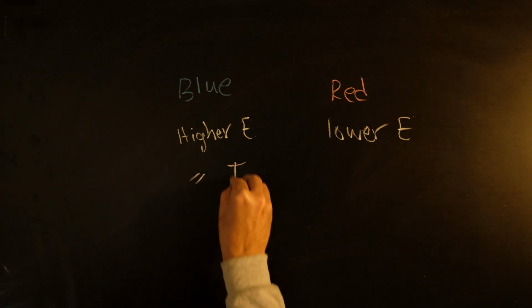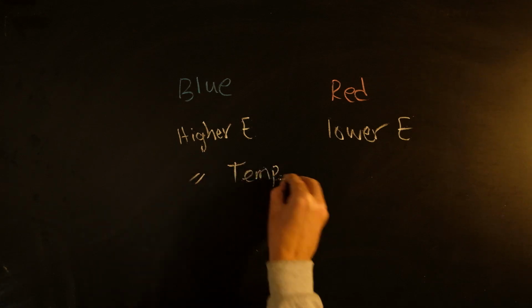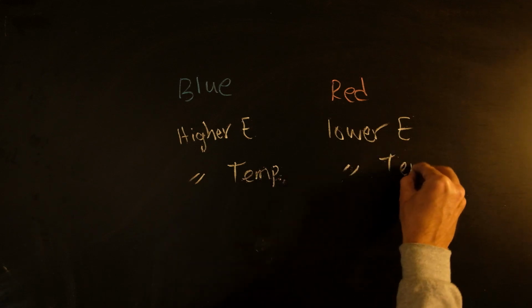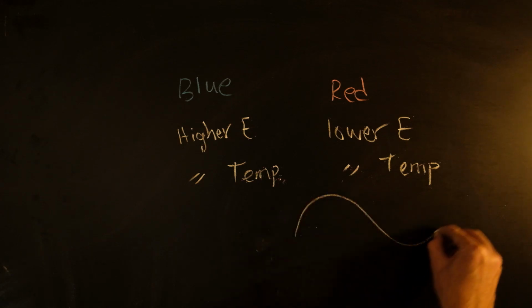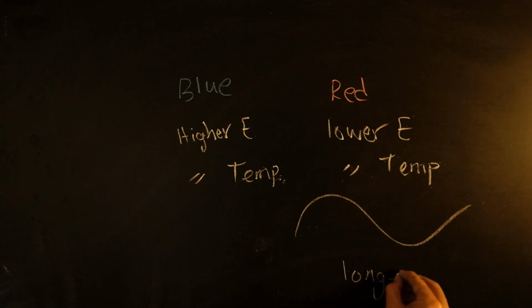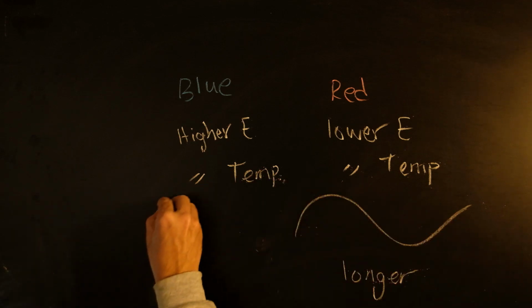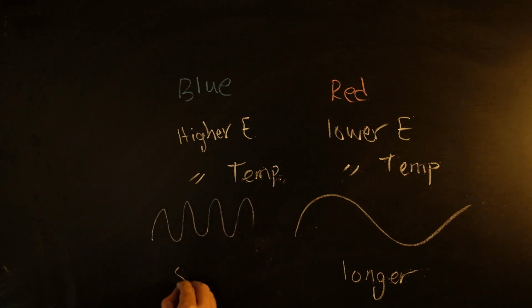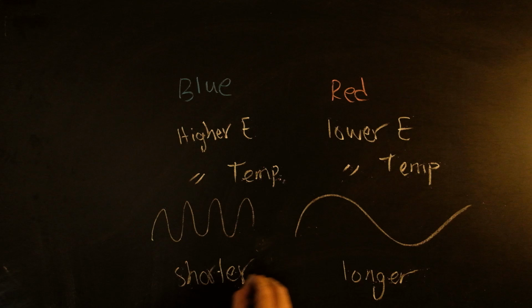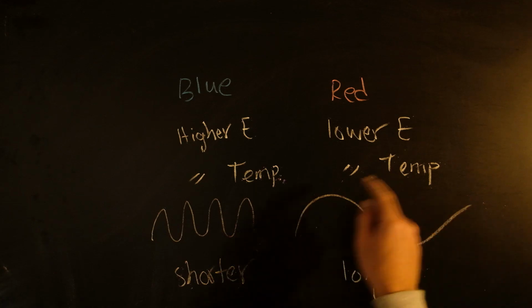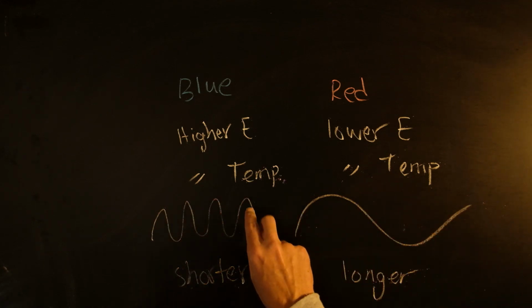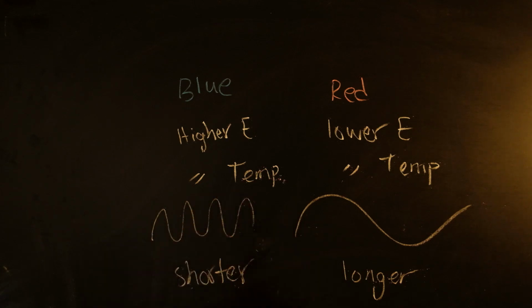This is higher temperature, this is lower temperature. In terms of wavelengths, this is longer wavelengths and this is shorter wavelengths. So basically these waves are longer. So wavelength is the distance between two similar points.